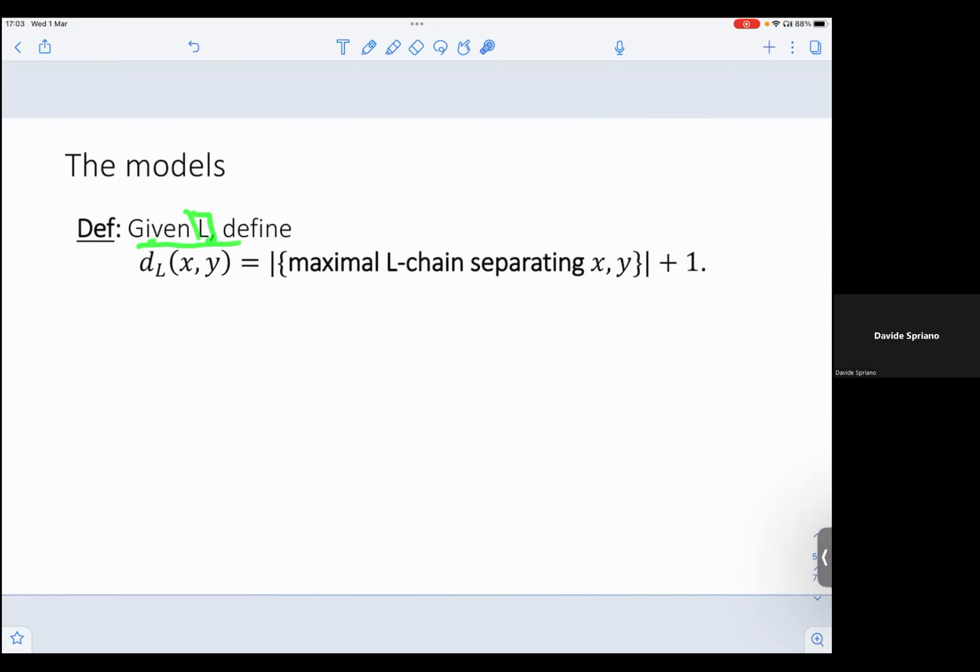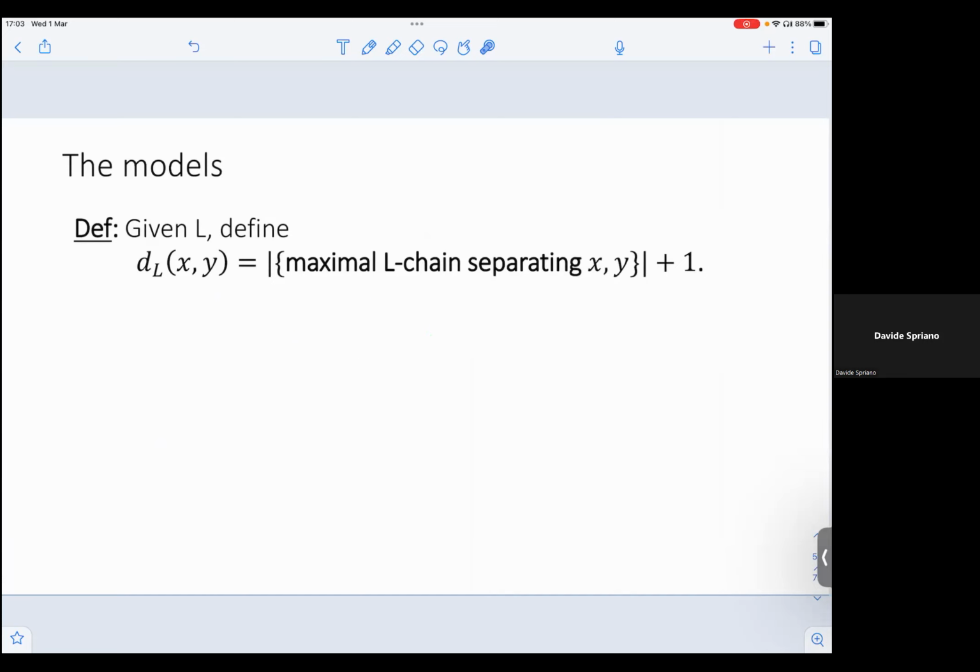Given L, which is a natural number, define the L distance between 2 points X and Y in my CAT(0) space to be the size of the maximal L chain separating them plus 1. Don't forget, or 0 if X equals Y. Don't think too much about the plus 1.